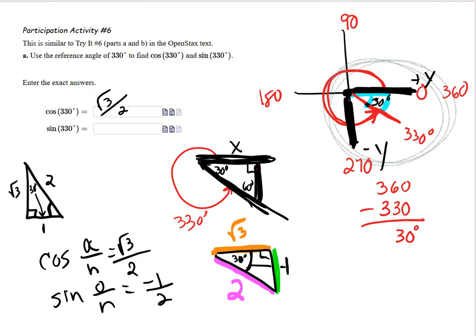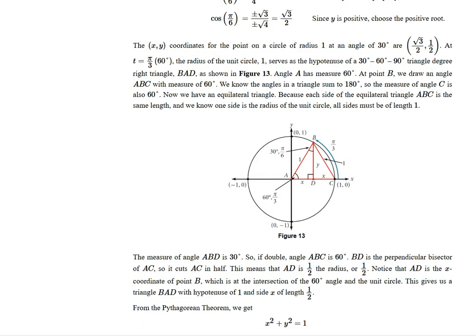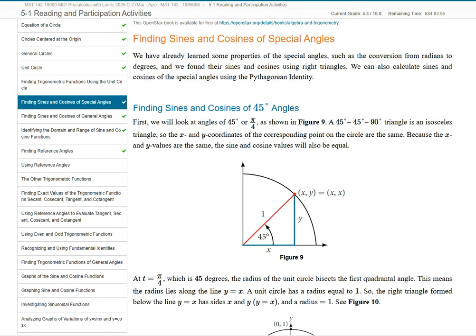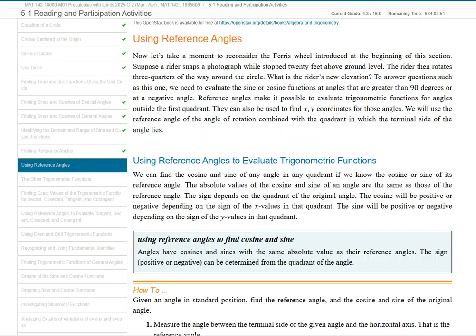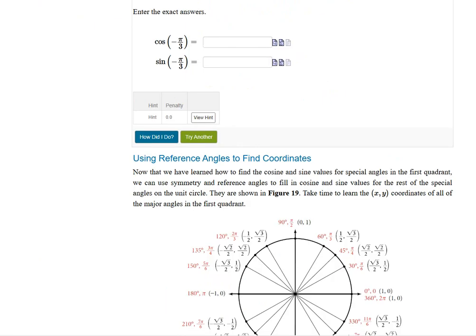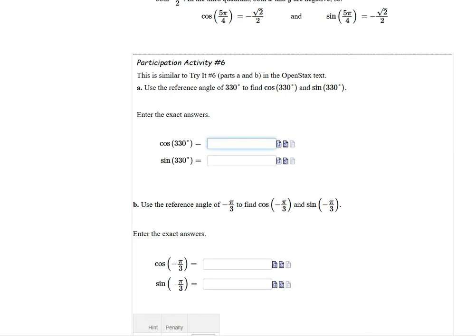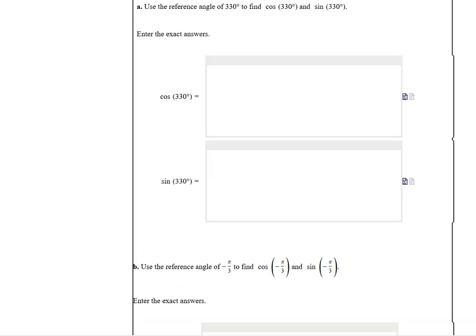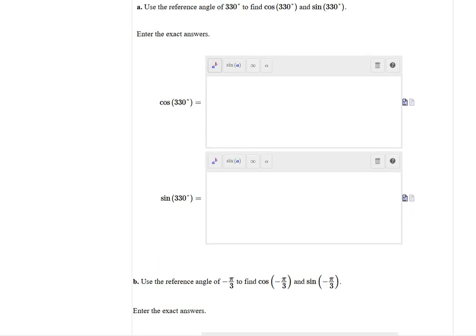Hope that made sense. So let me go back and where were we? We were on using reference angles. Sorry, I'm looking for the answers. Okay. So I'm going to use the equation editor on this so that I can use the fraction button and the square root button.